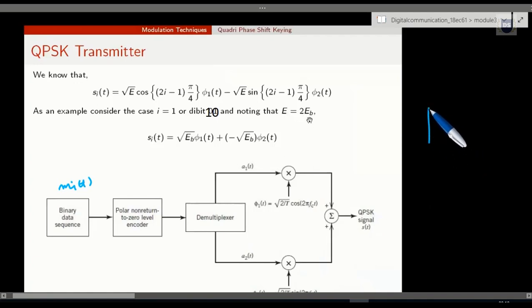A demultiplexer acts in the exact opposite fashion to a multiplexer, where a demultiplexer has a single input and two outputs. Here I'm considering the simplest demultiplexer, and its size is 1 cross 2, where the first number represents the number of inputs and the other number represents the number of outputs.